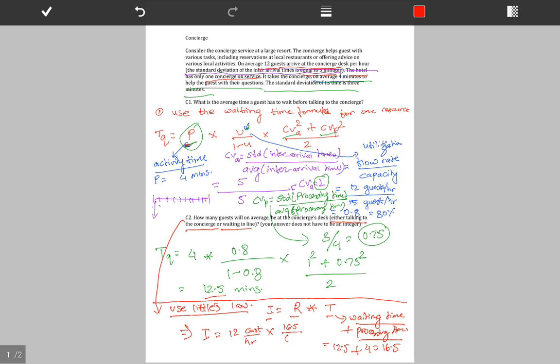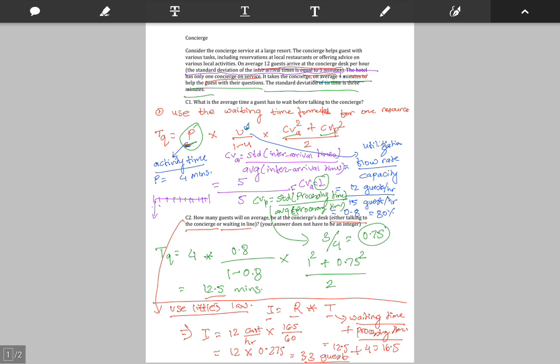To convert this into hours, I divide by 60. If you do this, 12 multiplied by 16.5 divided by 60 comes out to be 3.3 guests. So on average, there are 3.3 guests waiting at the line or talking to the concierge. That's all there is to the first question.